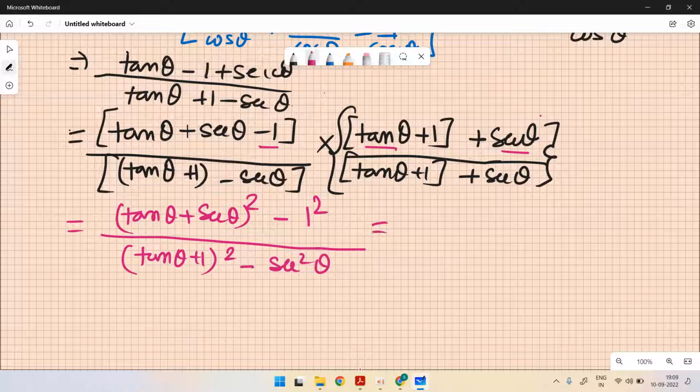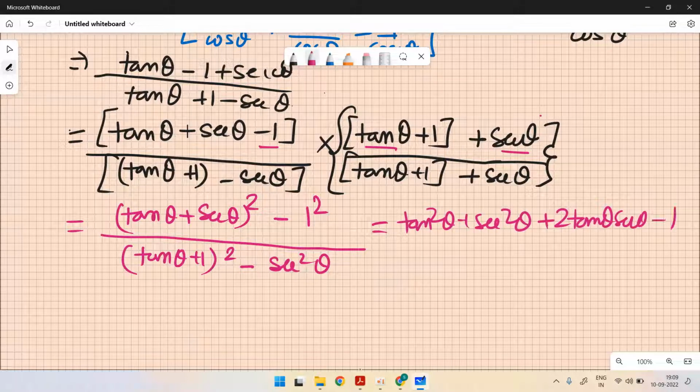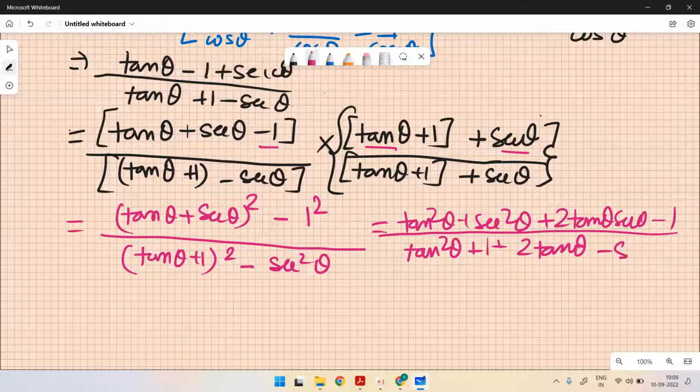If I expand this, this is tan square theta plus secant square theta plus 2 tan theta secant theta minus 1, upon tan square theta plus 1 plus 2 tan theta minus secant square theta.